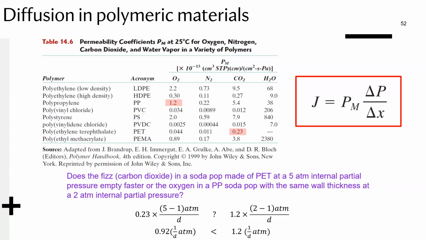Now, this is not just for pressurized containers and vessels, it's also for reactor vessels that have to sustain some level of a particular gaseous species, or it could even be for liquids, because a lot of these polymers could be permeable or impermeable to some extent to moisture. And so this is a very important consideration when it comes to the design and processing and selection of a particular polymer.